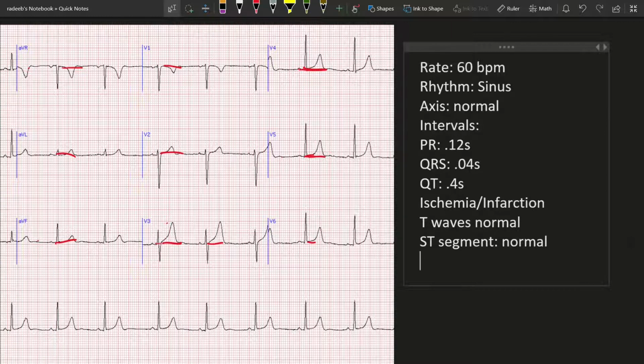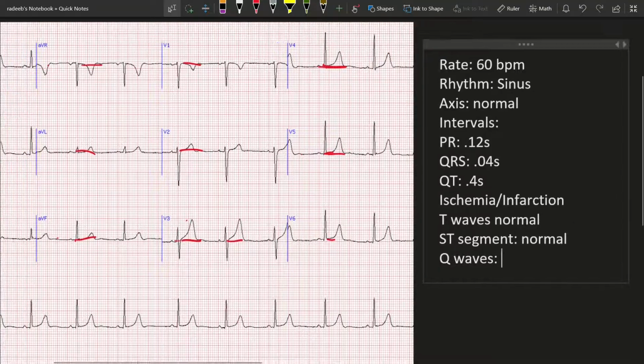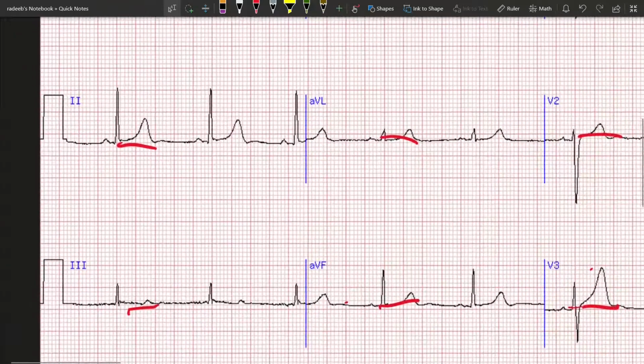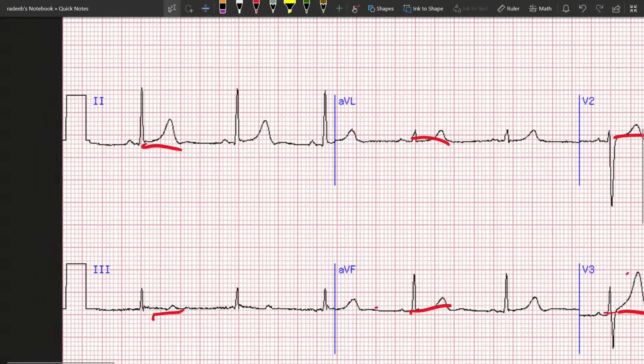And lastly, we are looking for Q waves. Q waves are a little bit tricky in identifying. Q waves are also a sign of ischemia infarction. The way that a Q wave looks is it's going to be your first downgoing beat in your QRS complex.